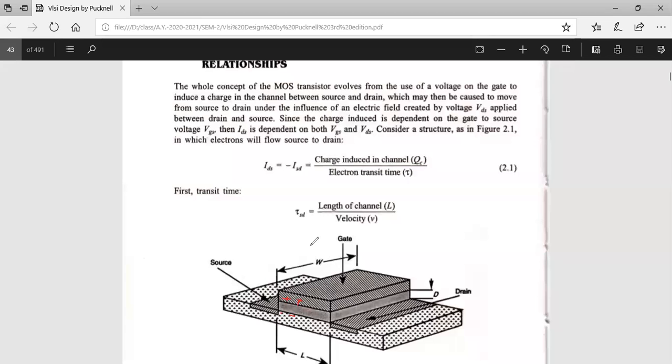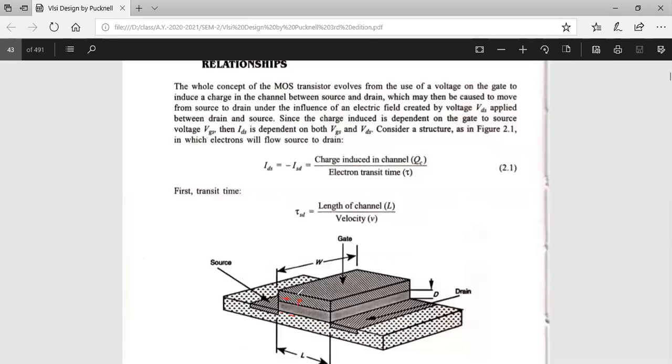When the voltage difference, that is the gate to source voltage, is applied, we require two terminals, gate and source. I apply that VGS, and the electrons accumulate here.